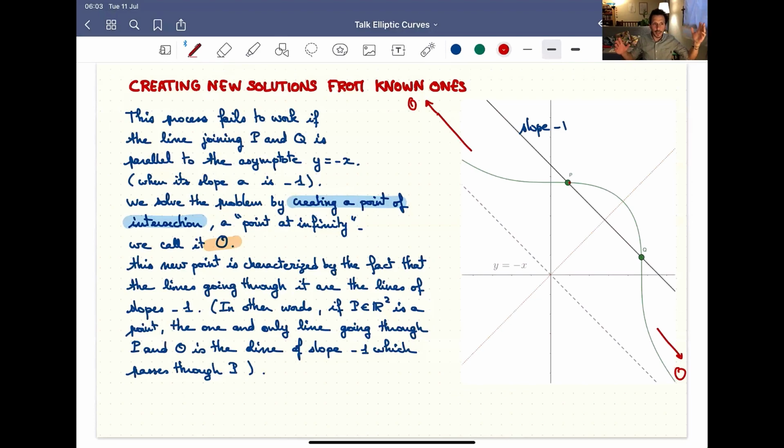And we're just saying that any of those lines of slope -1 intersect this point O. And if that's the case, well, we're just going to say that P and Q are two points on the line, and then the third point of intersection between the gray line and the green curve will be O. Okay.